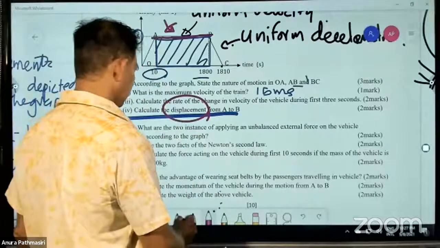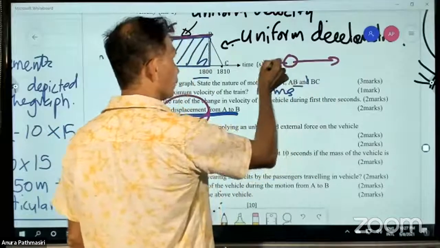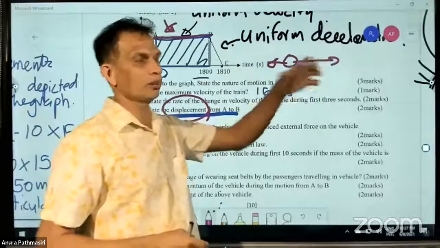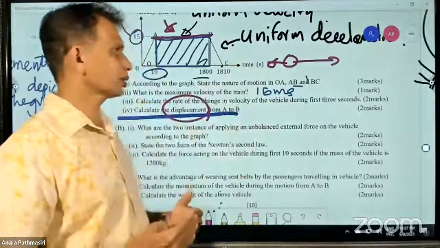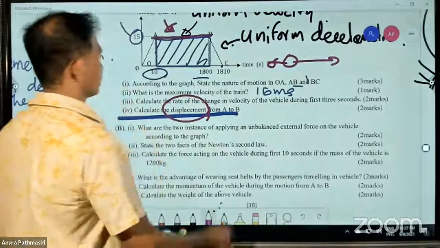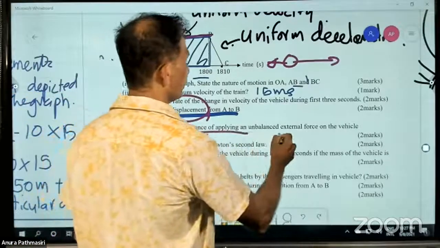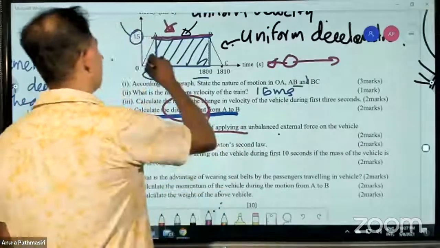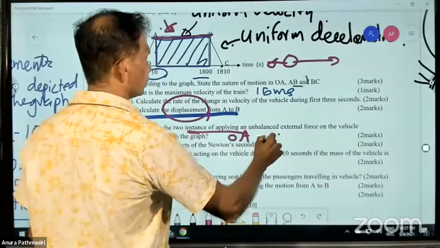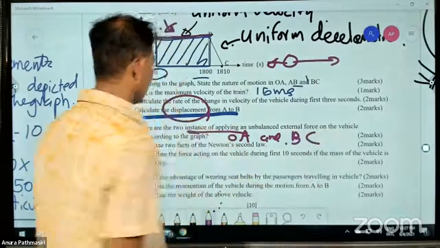If the object is moving forward, you apply an unbalanced force backward, and only then does the object come to a stationary position. So according to the question, what are the two instances of applying an unbalanced external force on the vehicle? The answer is OA and BC.